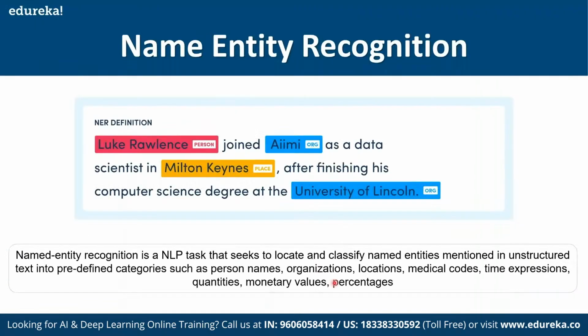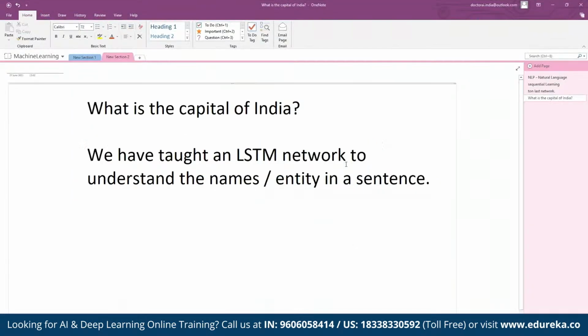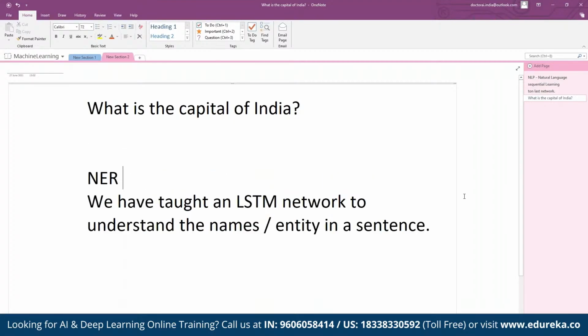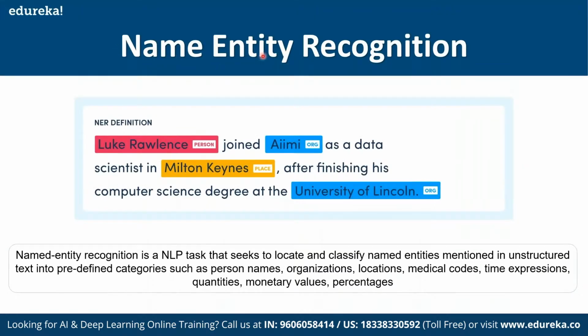This technique of teaching a network to recognize the names or entities in a sentence is known as NER, named entity recognition. Here if you check, we give a sentence to the model, so it will understand that you are talking about Luke Rollins, he or she is a person, ME is the organization, Milton Keynes is a place somewhere, and University of Lincoln is an organization.